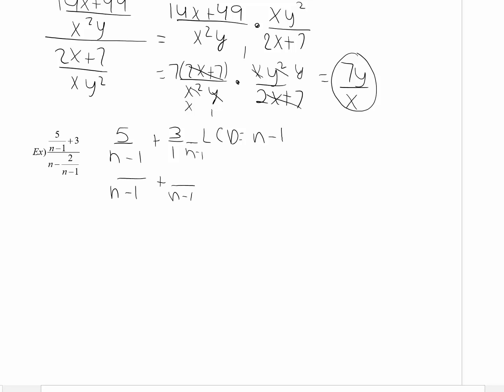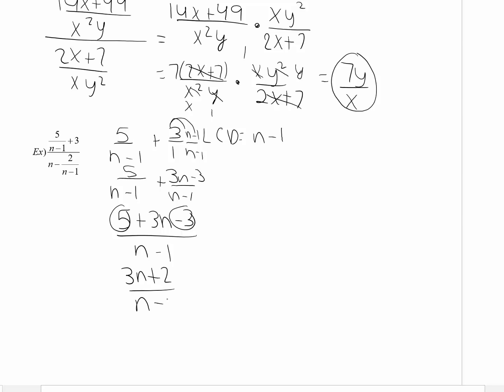So here I'm going to multiply the top and the bottom by n minus 1. So that's 3n minus 3. This 5 stays the same. And now I can rewrite it as one fraction. Combine the 5 minus 3. That's 3n plus 2 over n minus 1.